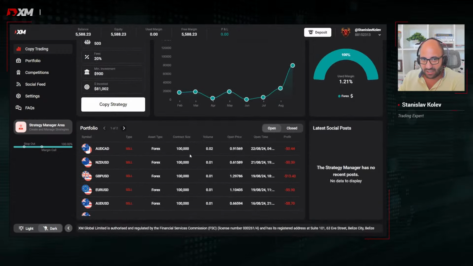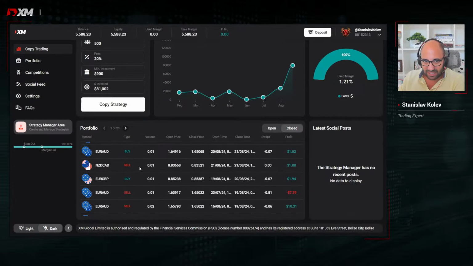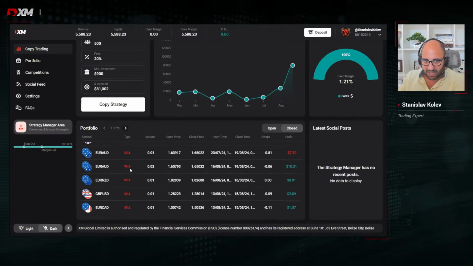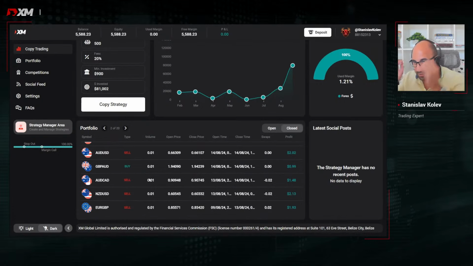And if you look here in history, and closed, you got Euro Aussie, you got the Pound Aussie, you got the New Zealand CAD, you got the Euro GBP. I mean, that is Forex. It's pretty much diversified, and this person has been executing multiple different trades on different Forex instruments.